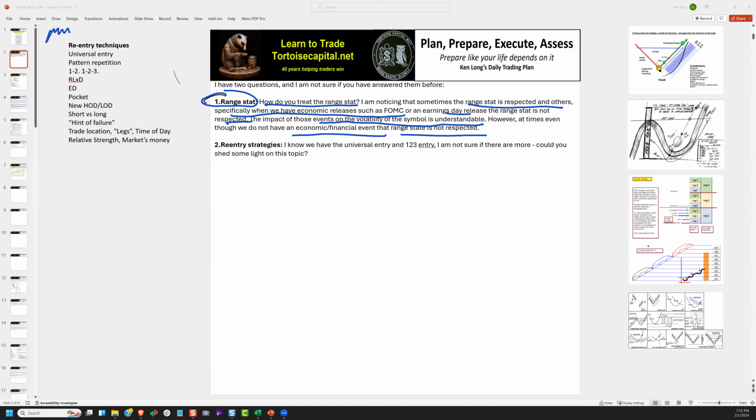Okay. So I want to clarify how we should be thinking about the range stat. So the first thing is just to review the definition.